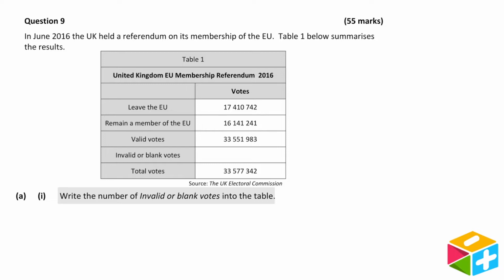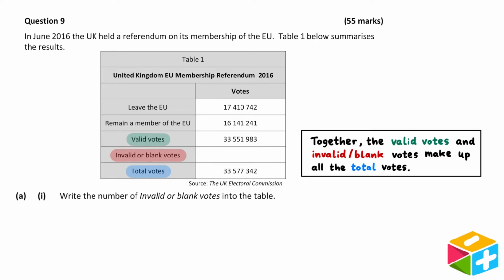Our first task is to write the number of invalid or blank votes into the table. The key observation here is that together the valid votes and the invalid or blank votes will make up all the total votes.